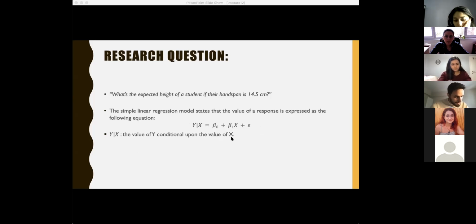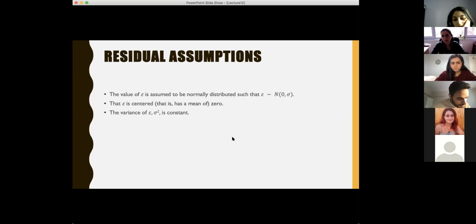Also please keep in mind that this is a kind of restricted model because we have some assumptions. Of course, we have some more, but I'm going to talk about the basic ones. We have, for example, residual assumptions in here. The validity of the conclusions you can draw based on your model critically depends on these assumptions made about your random error.